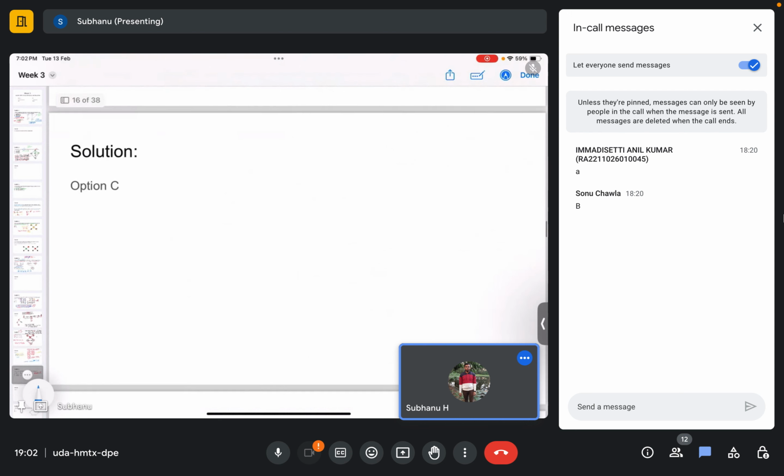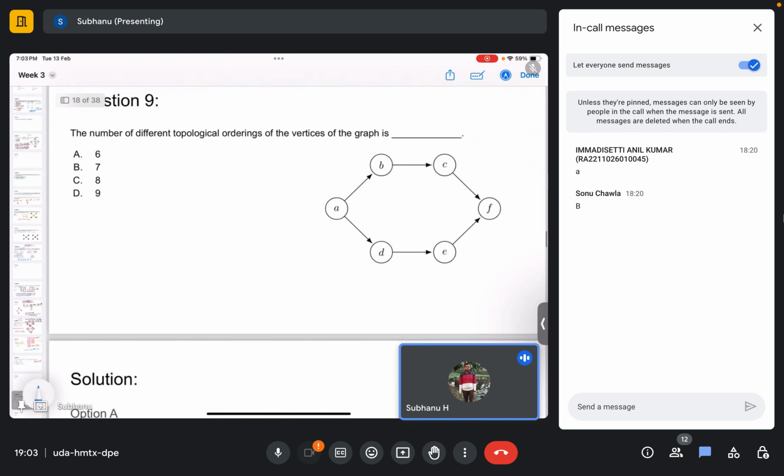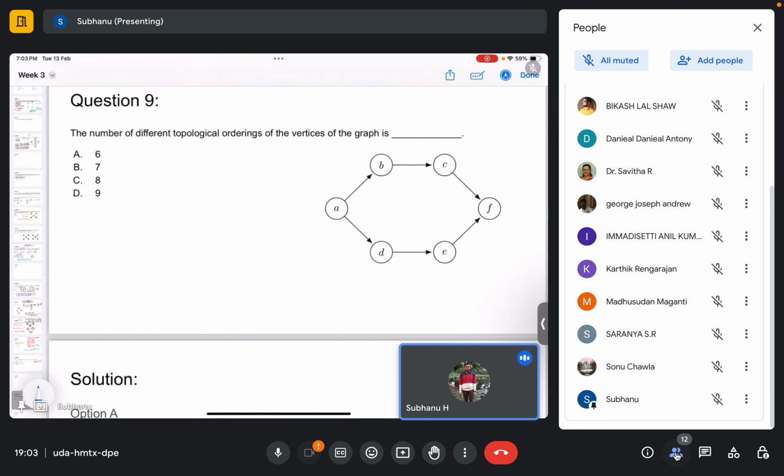So this is here. The next question is the number of different topological orderings of the vertices of the graph. How many different topological orderings are possible from this graph? This is a DAG, no problem, because this is directed.